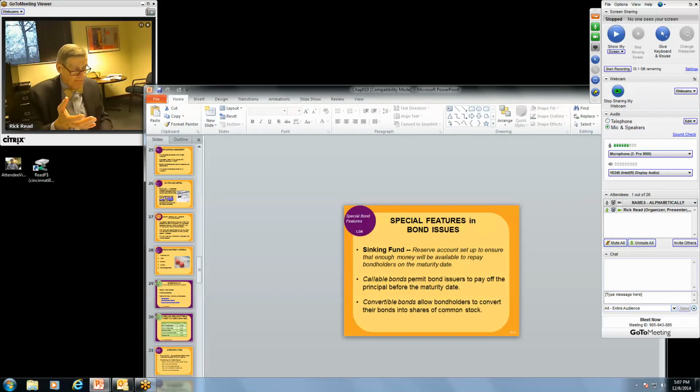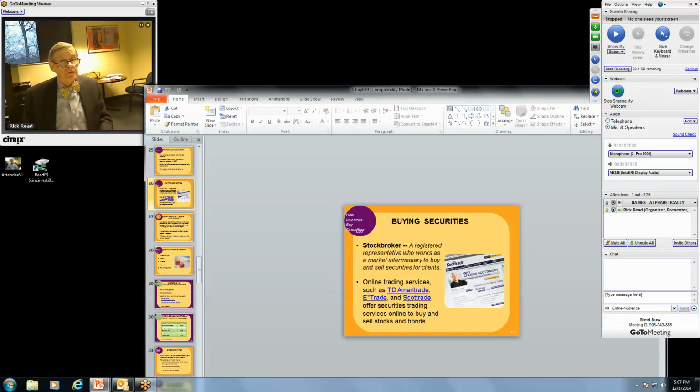It's to prevent that. Callable bonds, exactly what we said. You can pay off the face value of the bond before the maturity date, as long as that provision is embedded in the bond. And convertible bonds will allow people to convert the bond to stock. And notice it says common stock.